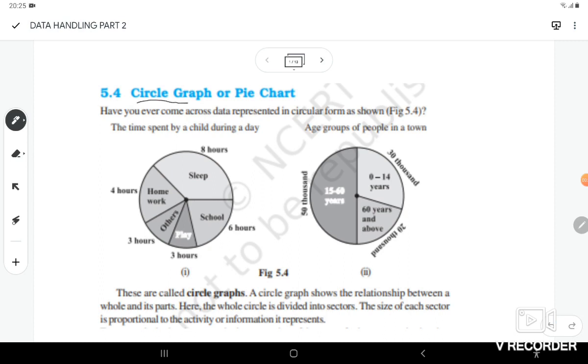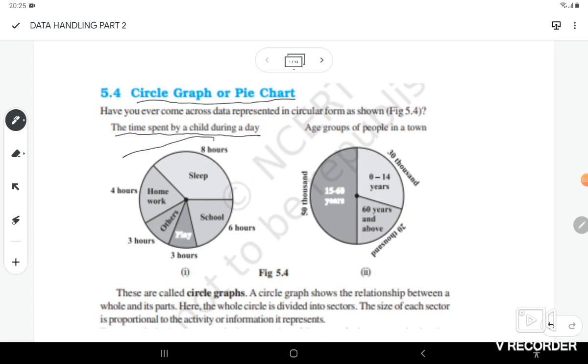Let's see how the circular graph or pie chart is made and how data is organized in it. Let's see an example: the time spent by a child during a day.